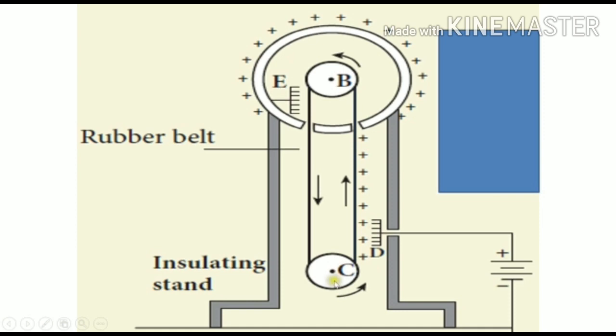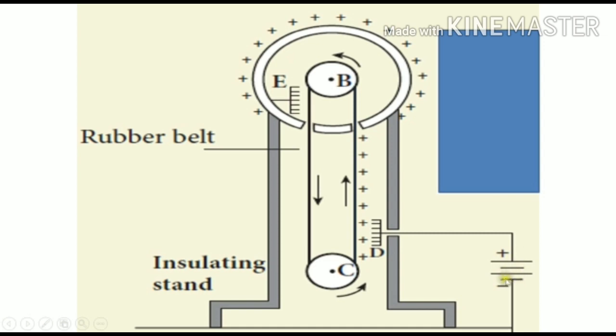The comb D is given a potential of 10 to the power 4 volt. The upper comb E is connected to the inner sphere. So this is the construction, you have to write it. The comb D is given positive potential, higher potential.